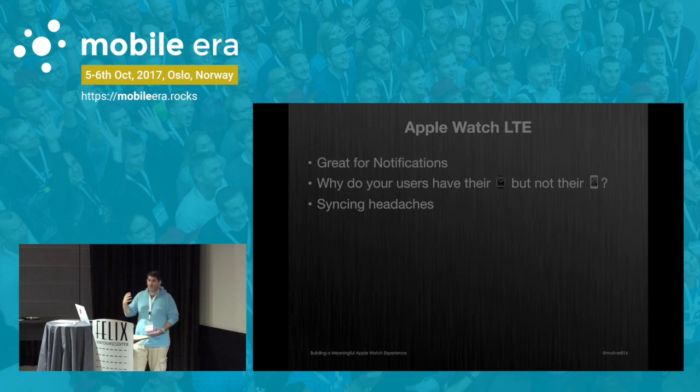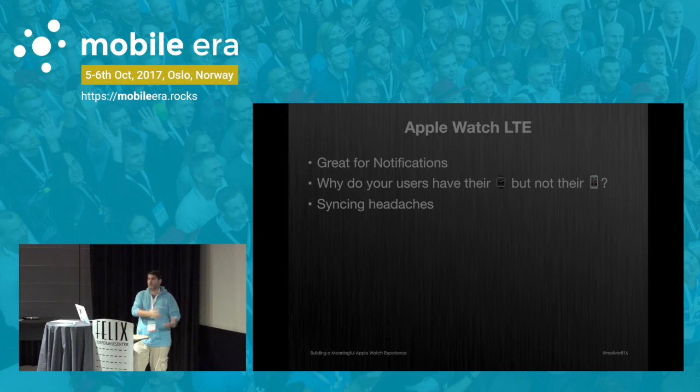And then also, just recognize the syncing headaches that may come up with having two devices that are connected to the internet. So today, pretty much everything you do on your watch, if you need to sync it to a server somehow, it's going to go through your phone first. So you can have a relatively straight line path: do something on the watch, it syncs to the phone, and then everything that happens on the phone syncs to the server. If you've got two devices that are internet connected now, you have two different options.